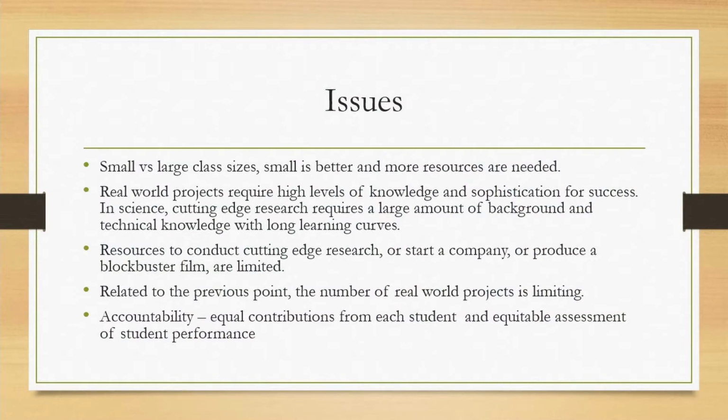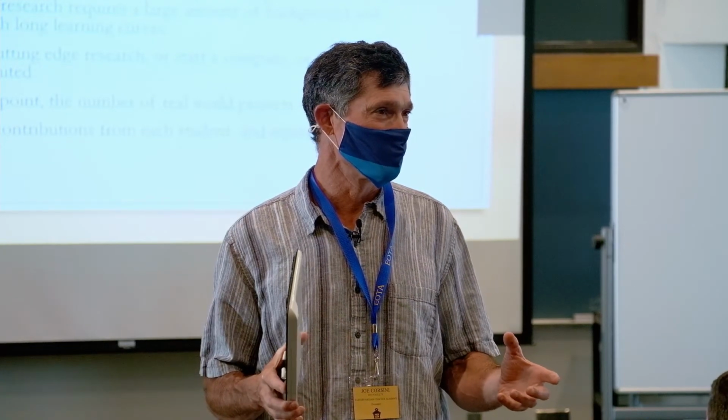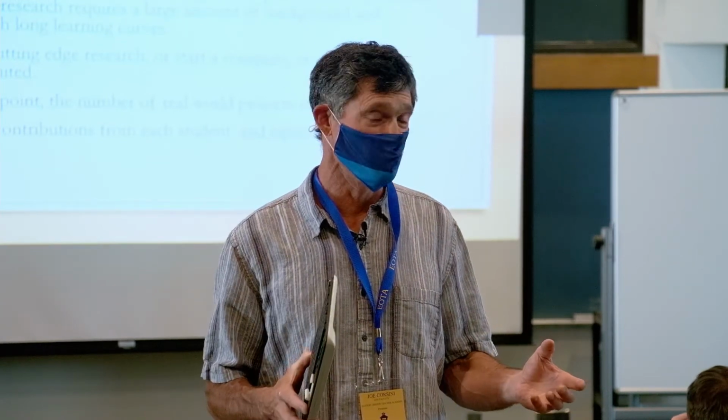Another practical point that I just tagged on the end, and this is something that I've noticed through years of running projects with small numbers of students. As soon as you get above 4 or 5 students in a group working on a project, the most engaged and maybe the most knowledgeable students end up being the ones who are doing all the work, and the rest sit around and watch.